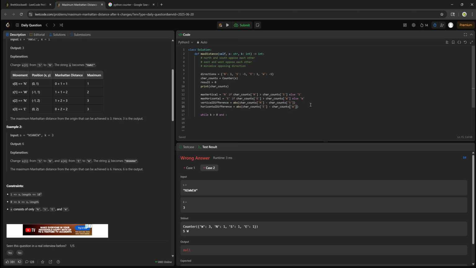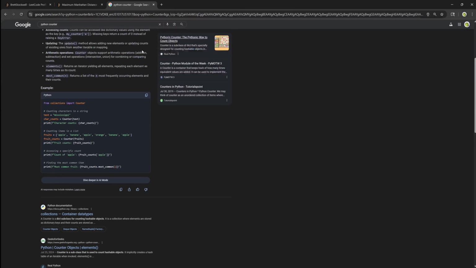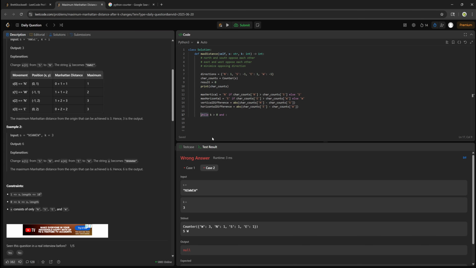Okay. Actually, I want to print this out first, so let's just comment this out. Vertical difference, horizontal difference.